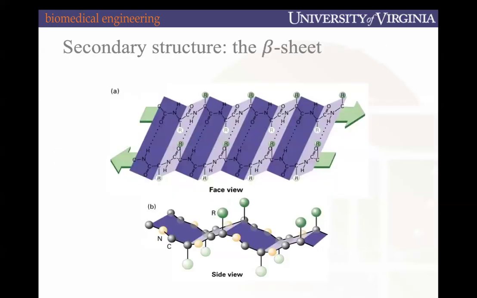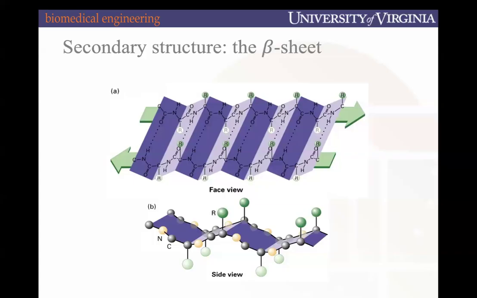The second structure is called a beta sheet, where if you look for a moment, the hydrogen bonds that are denoted by the dotted lines are occurring not necessarily vertically, but across from one side to the next. And what ends up happening is that the side groups are alternating their orientation from one amino acid to the next.